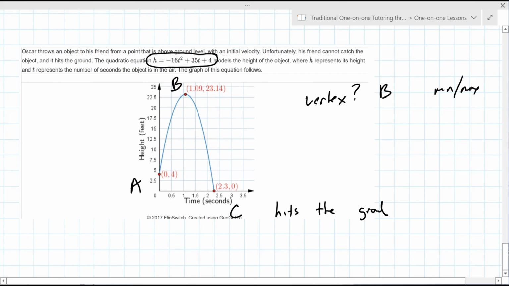It's the top or the highest point. So then by default, A represents the starting or the initial position. So what height does it start at in this problem? 0,4. 0 means time 0. 4 represents the height. So the y value. In this case, x is the time and y is the height.